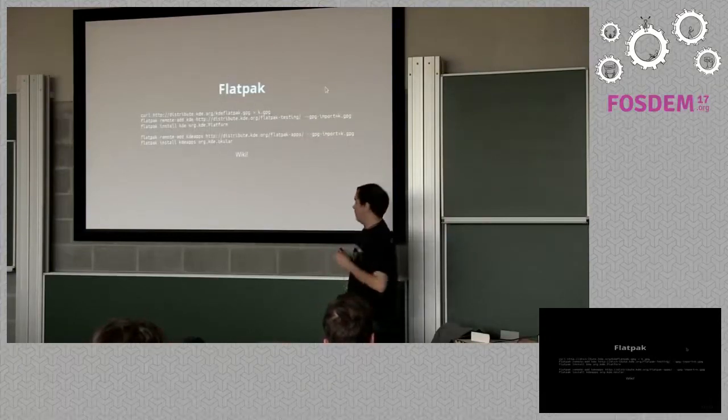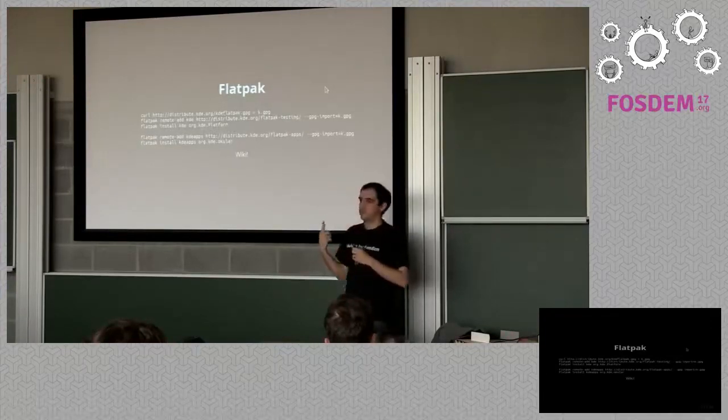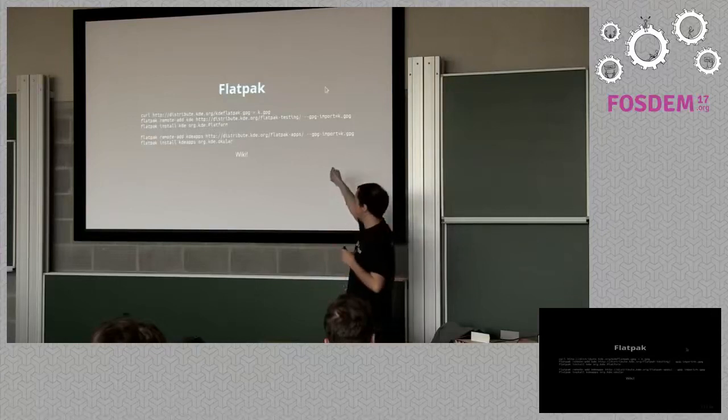what we do on Flatpak, you will see it's very similar. Like I said, on Snappy the repositories are centralized, that's why you just install things. Here we need to add the repositories as well.